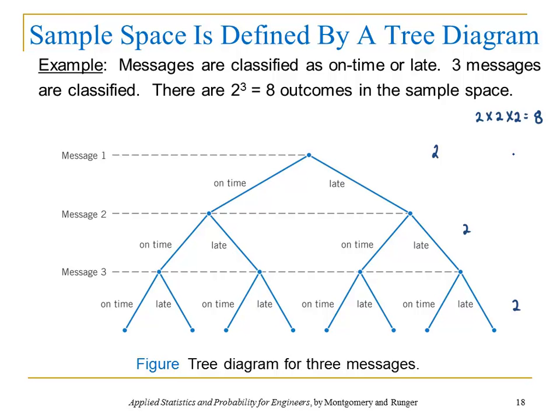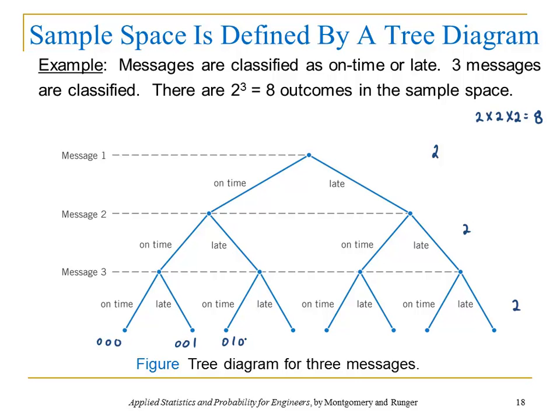So for example, if we try to show you the importance of defining a sample space. So for example, this is going to be the first outcome, on time, on time, on time. And this is going to be on time, on time, late. And this one is going to be on time, late, on time.